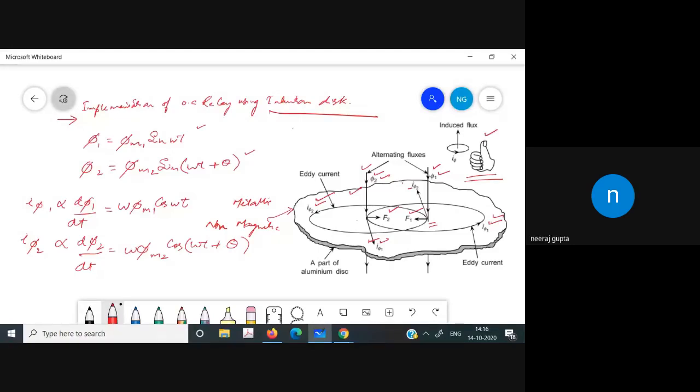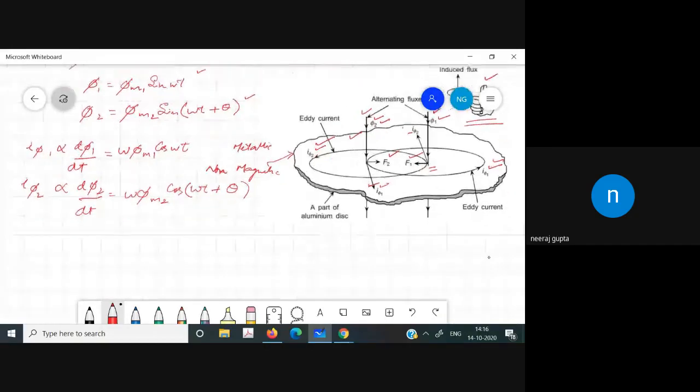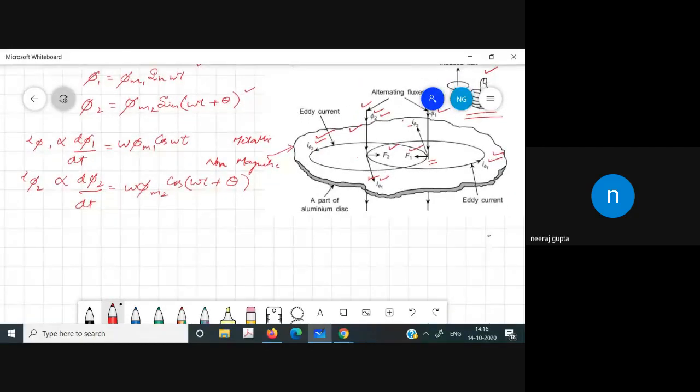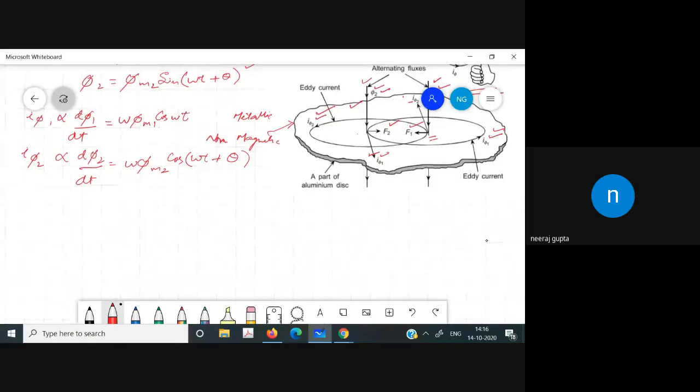Now from this figure, you will see that the interaction of phi1 with I phi2 produces the force F1, and the interaction of phi2 with I phi1 produces the force F2, which can be obtained by Fleming's left-hand rule.